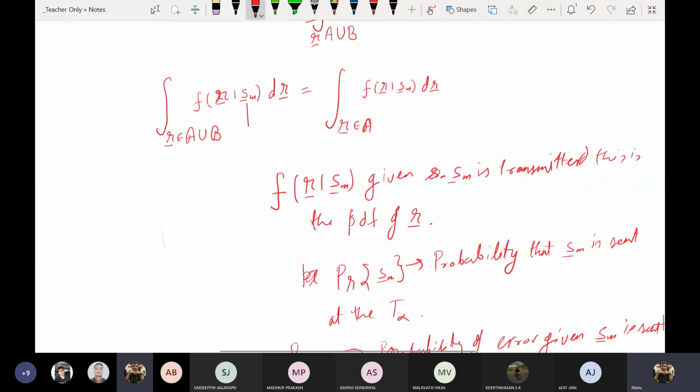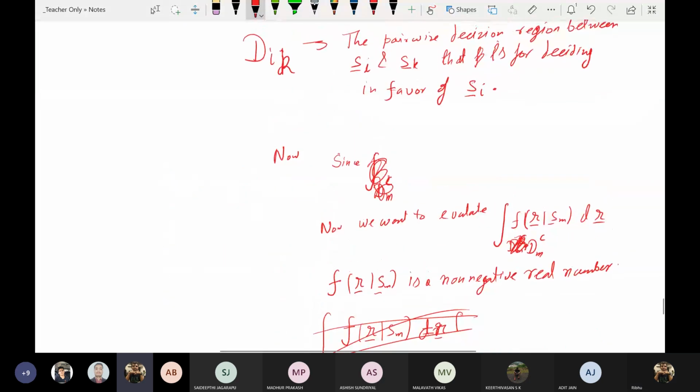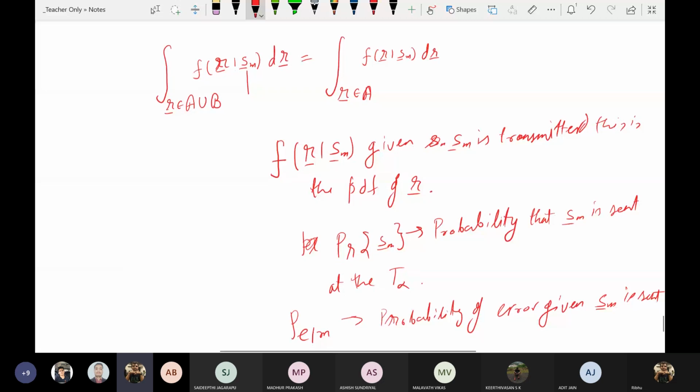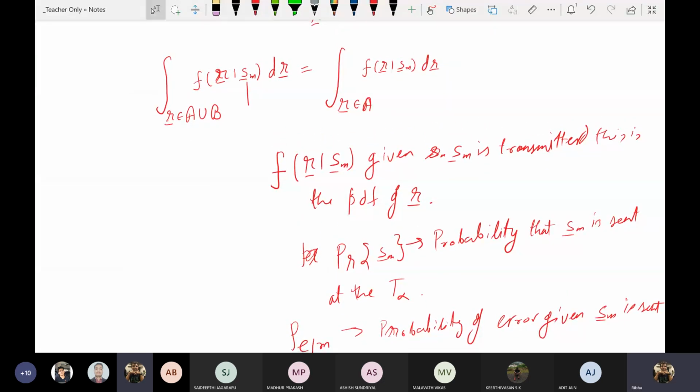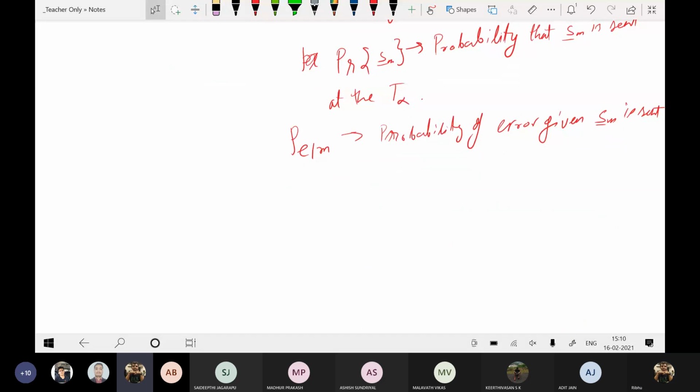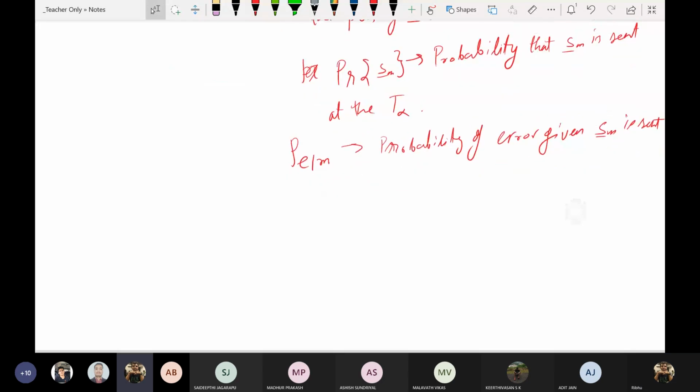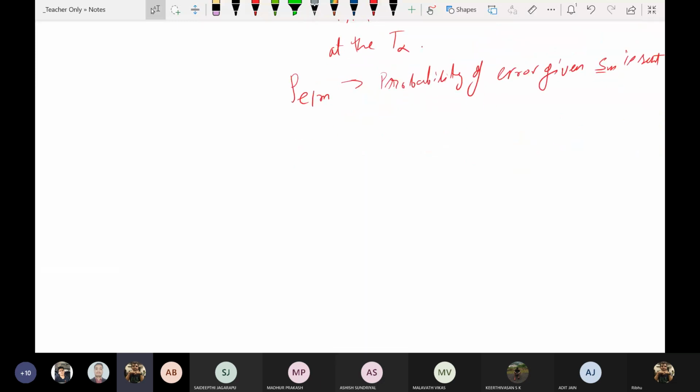So now I will write this again. Suppose A is a region, a set of points, and this is A union B, right? Then you have to integrate.